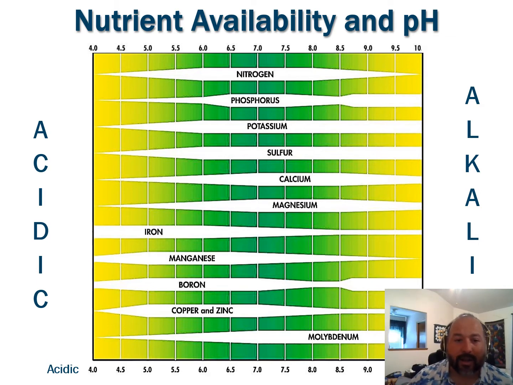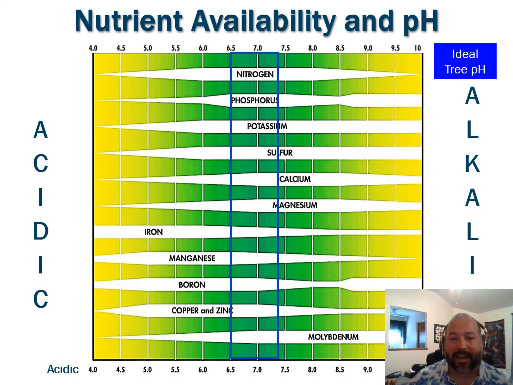Sulfur, we're good. Calcium, probably good. Magnesium, probably good. And then iron, manganese, boron, copper, and zinc, we're good. Maybe some issues with molybdenum, but for the most part, we're hitting pretty good on a lot of those nutrients, and so they should be readily available in the majority of our soils.